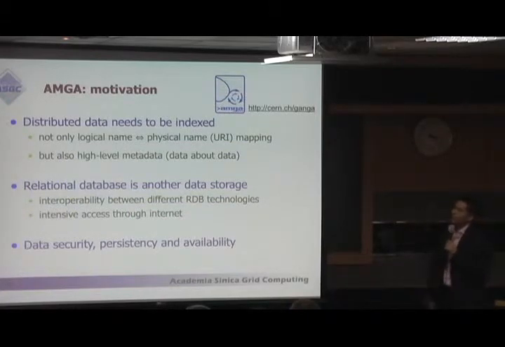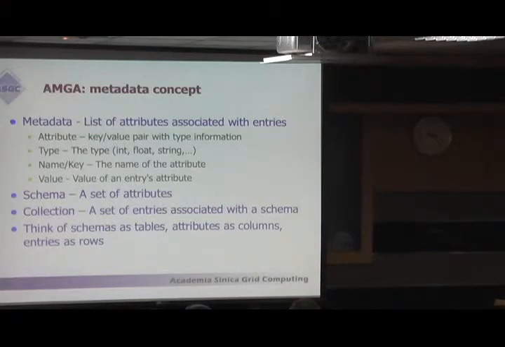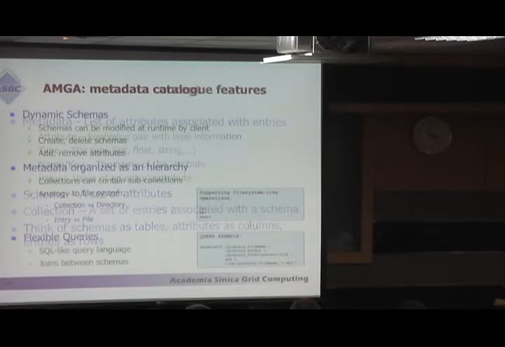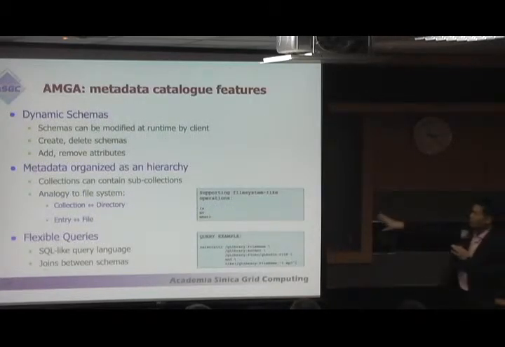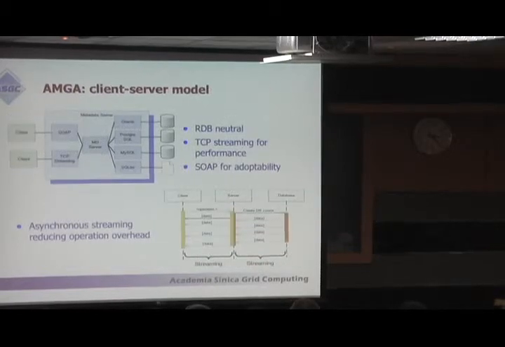Okay, the last thing I would like to mention is AMGA. Because I don't have too much time, I just say that if you have interest in metadata, this is something that allows you to do a metadata service on the grid. It provides some concepts to map the metadata architecture to the relational database architecture. The advantage is that you can do queries like in SQL language, and you can also do file-system-like operations to search for your attributes.